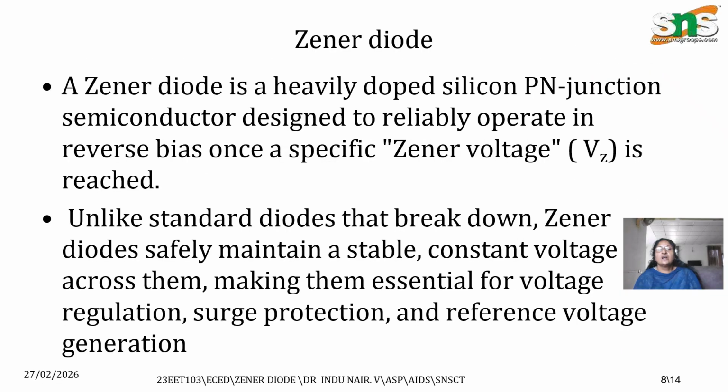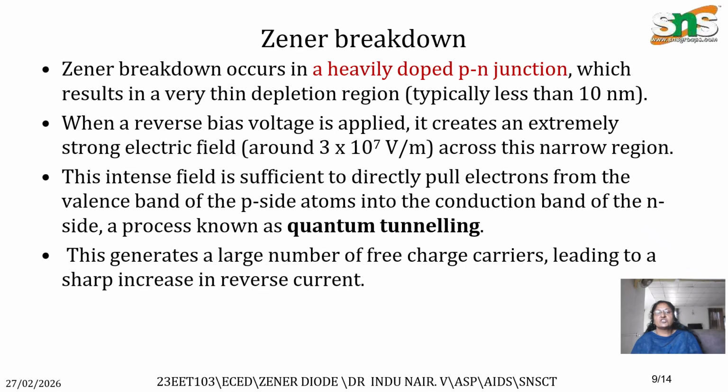A Zener diode is a heavily doped silicon PN junction designed to reliably operate in reverse bias once a specific Zener voltage is reached. Unlike standard diodes that break down, Zener diodes safely maintain a stable constant voltage across them, making them essential for voltage regulation, surge protection, and reference voltage generation.